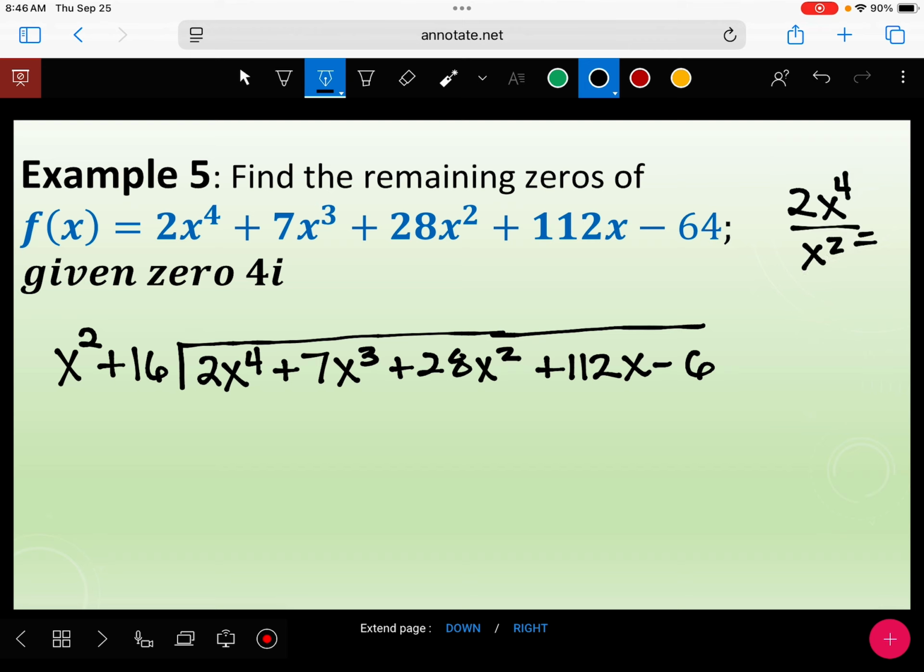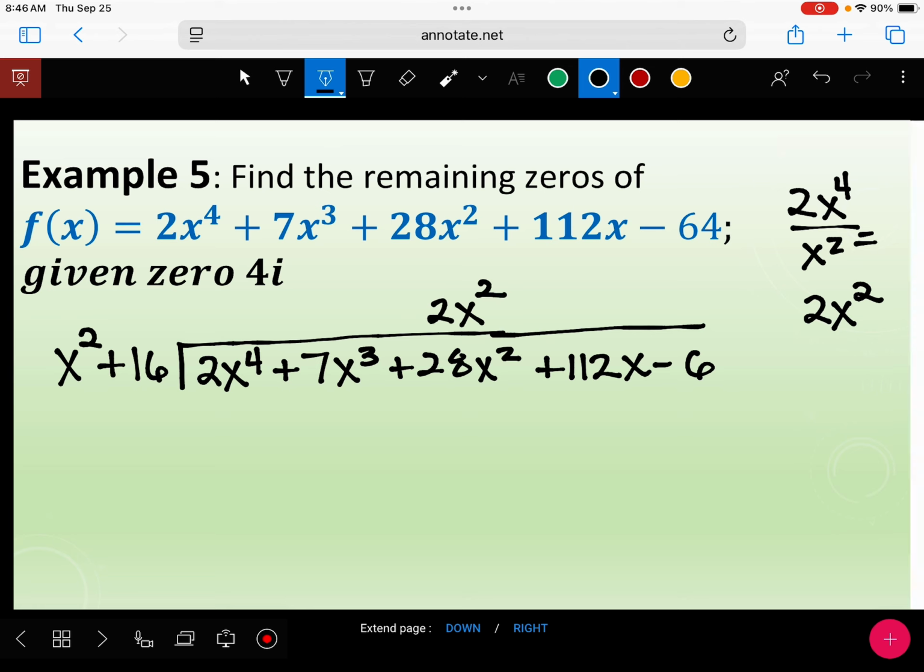That's going to give you 2x squared. Put that on the roof. And now I want you to take that 2x squared, multiply it by x squared plus 16.